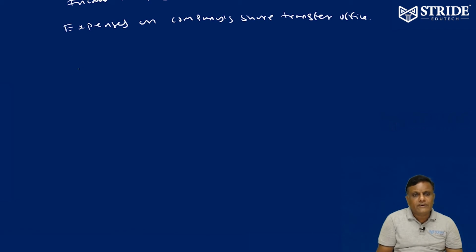Now purely financial incomes. What we have seen above is purely financial expenses. This is purely financial income.